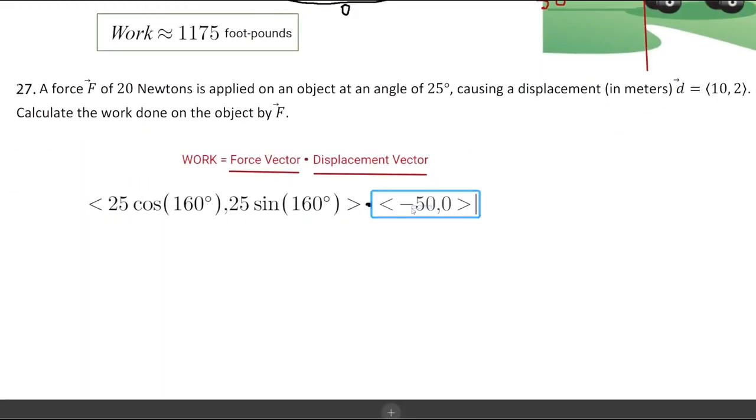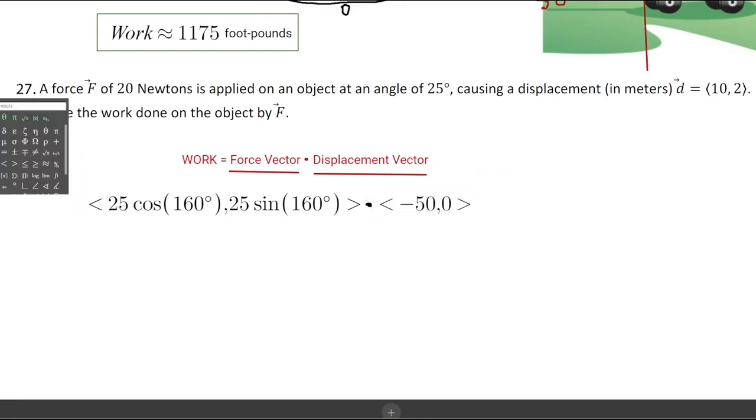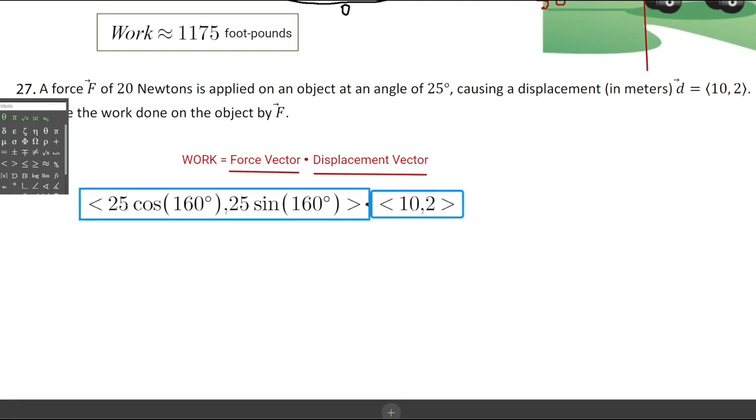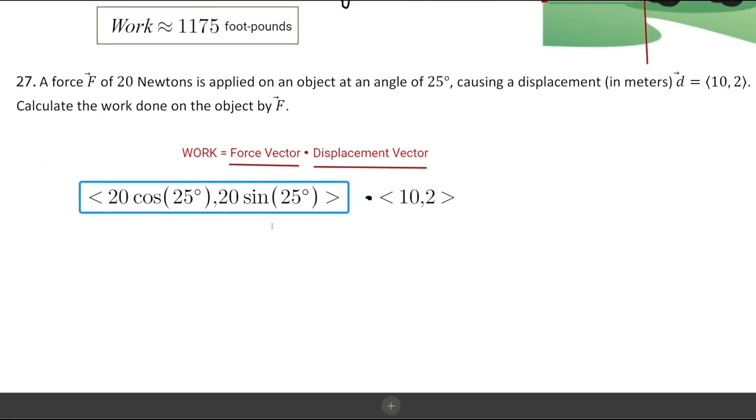The displacement vector here is 10, 2, and the force vector is going to be 20 newtons, so 20 times the cosine of 25 degrees and 20 times the sine of 25 degrees. 25 degrees is another angle measure that is not one of your common angles on the unit circle, so we will need to use a calculator for this.